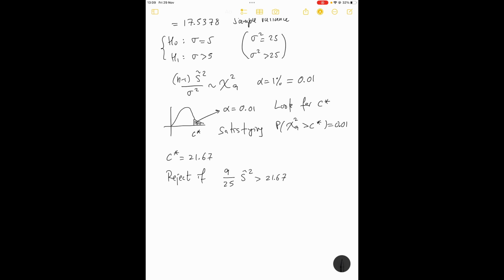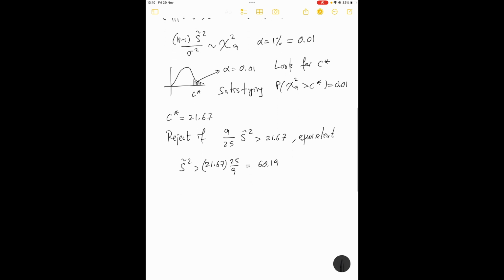Or what is equivalent to this, the same as S tilde square is greater than 21.67 times 25 over 9. After some rounding here and there, because I have done some of the computations, anyway, don't worry, this is 60.19.